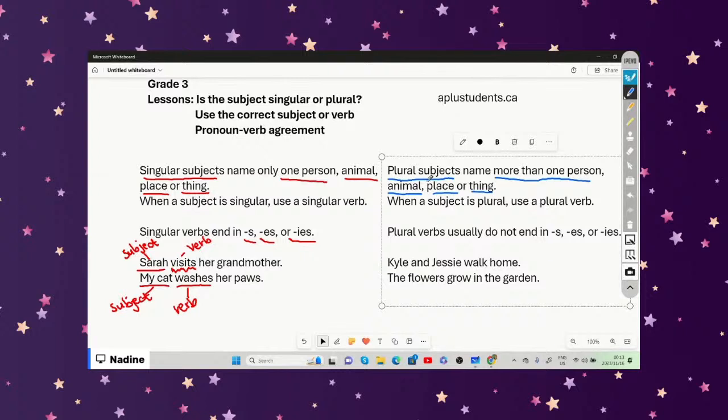And when a subject is plural, we use a plural verb. Plural verbs usually do not end in s, es, or ies. Remember, singular verbs end in s, es, or ies.